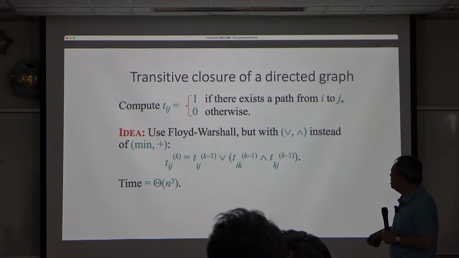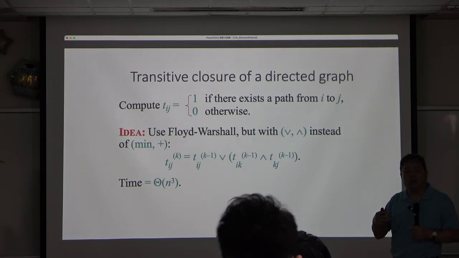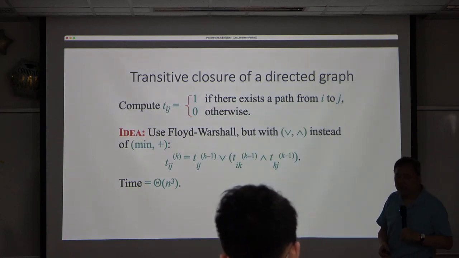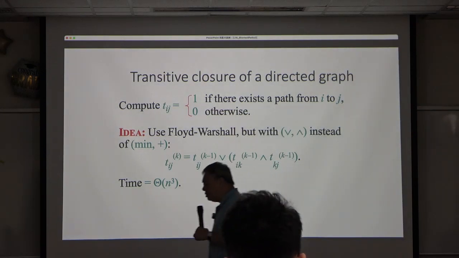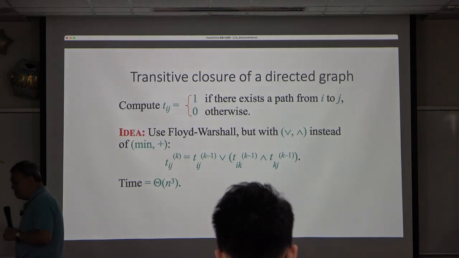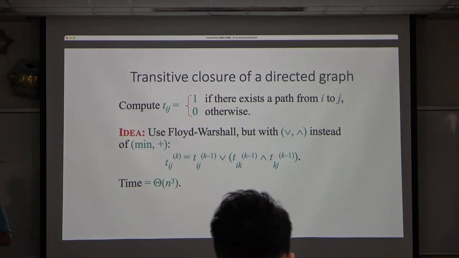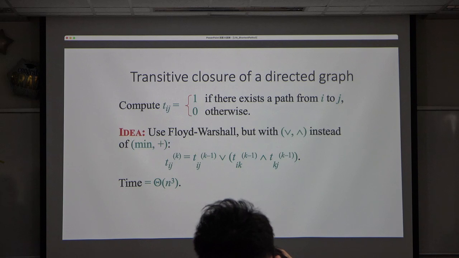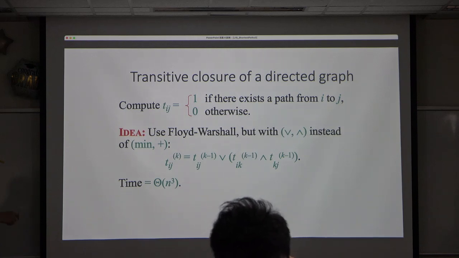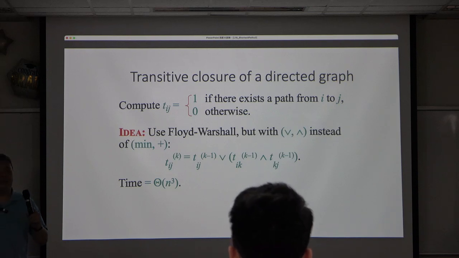Also, I want to remind you that the Floyd-Warshall algorithm can also be used to construct a distributed Floyd-Warshall algorithm. In other words, these nodes that we are talking about could be different entities on the network.